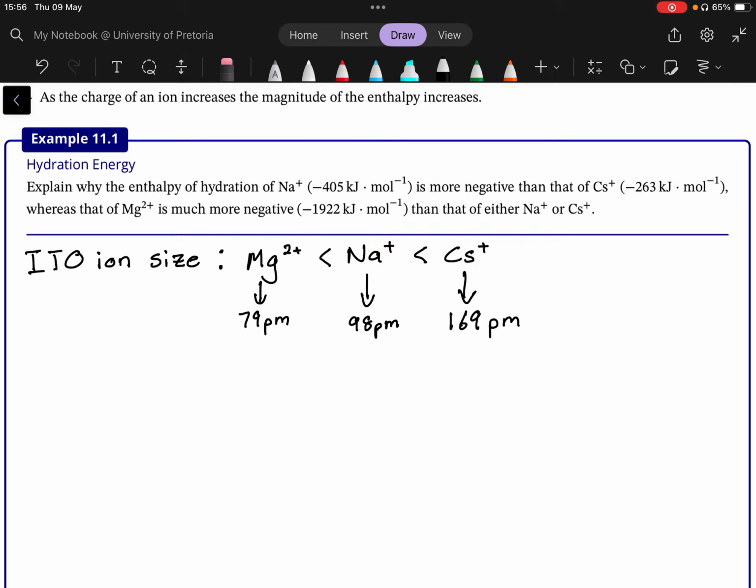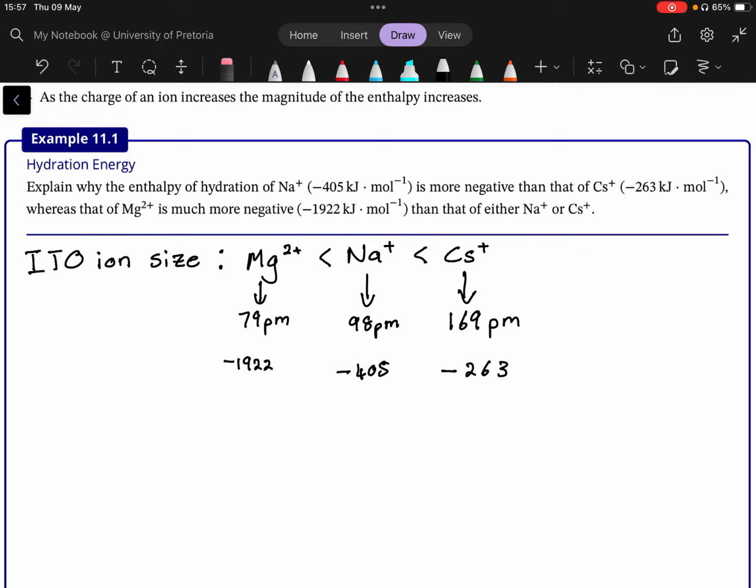And we can also write the enthalpy. The magnesium one is minus 1922, sodium is minus 405, and cesium is minus 263.